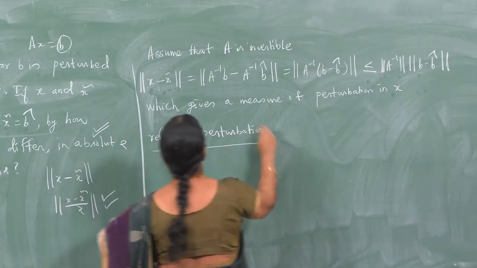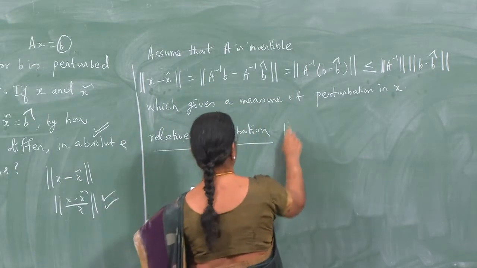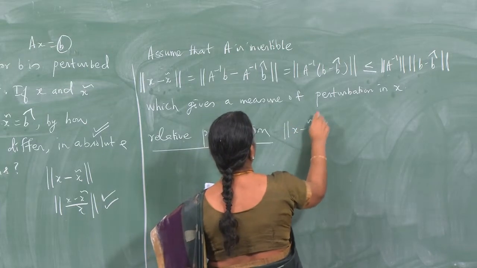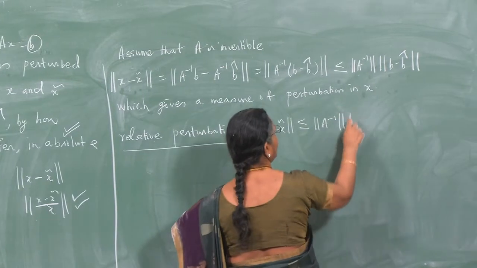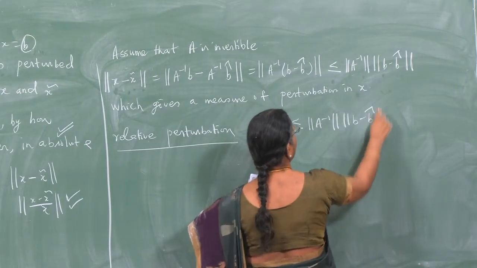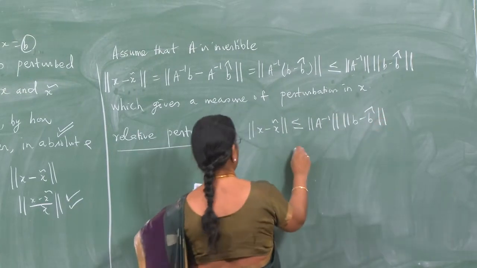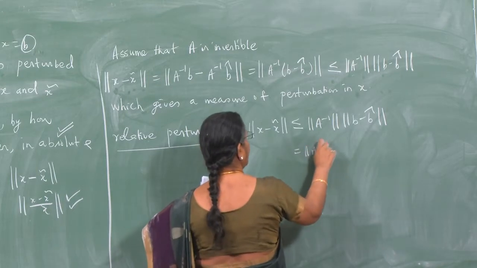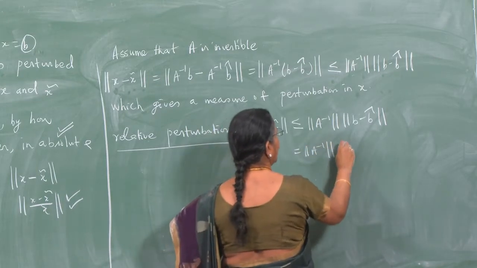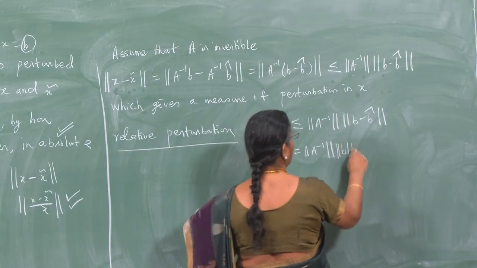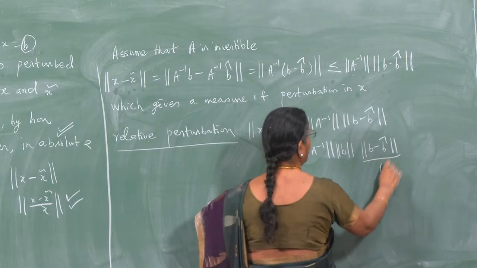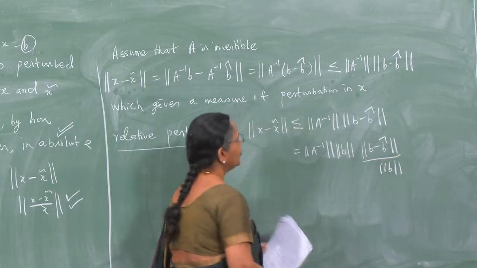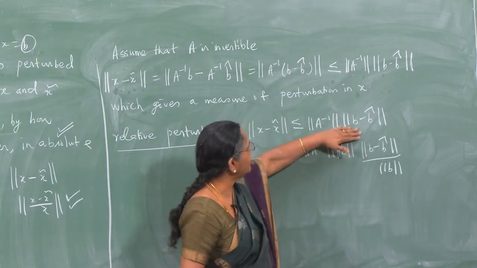So, we start with the result that we already have, namely norm x minus x tilde is less than or equal to norm A inverse into norm B minus B cap. So, this is norm A inverse into, I shall multiply by norm B and therefore, I shall divide by norm B. So, I have not altered anything in this step.